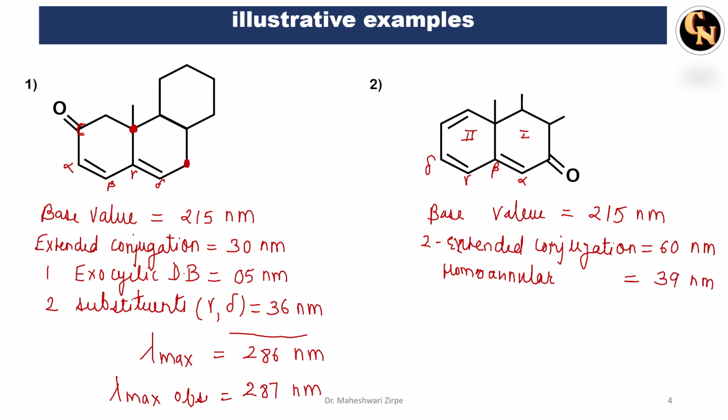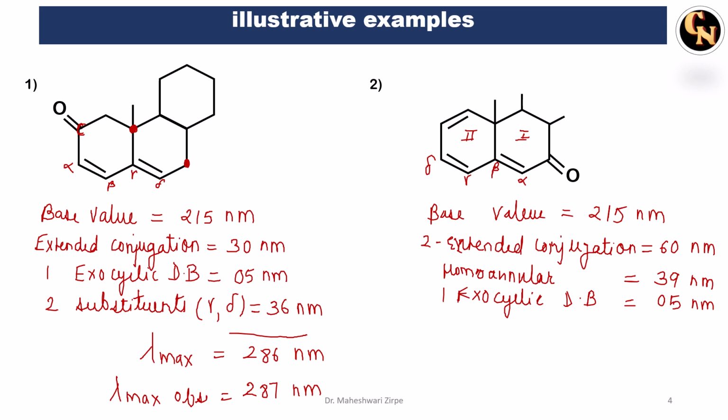The next, what we have is one exocyclic double bond, that is this in your ring number 1. The ring number 1 double bond is exo to ring number 2. So one exocyclic double bond. How much are you going to add to this? For one exocyclic double bond we add 5 nanometers.